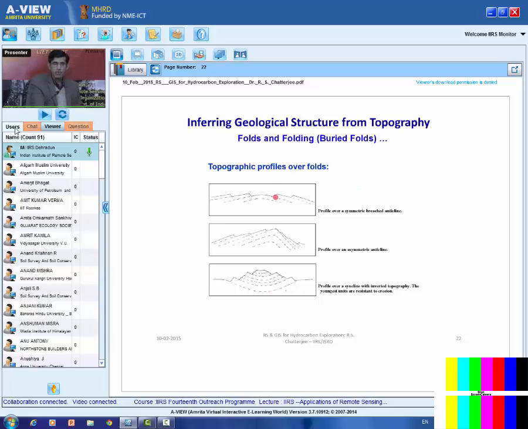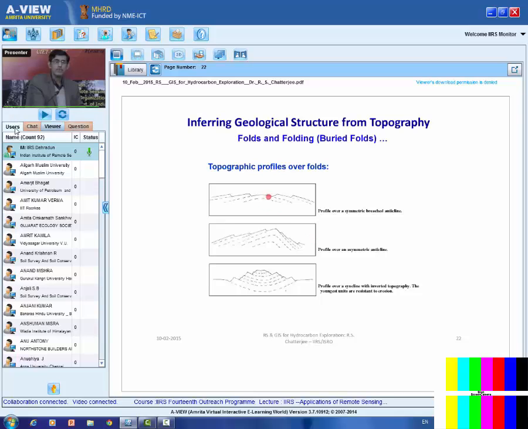For example, in this schematic diagram, there is an anticlinal fold. Here it is symmetric, and here it is asymmetric, but what it gives you is subtle topographic relief. So we need to find subtle topographic relief. What we need is a digital elevation model, high resolution, high quality topography.